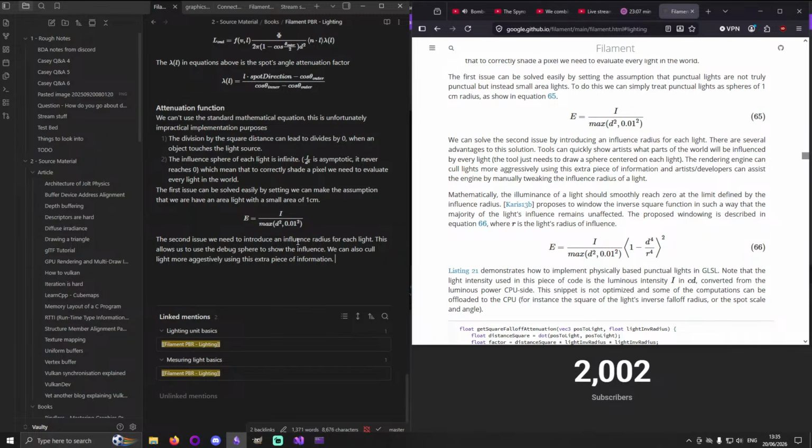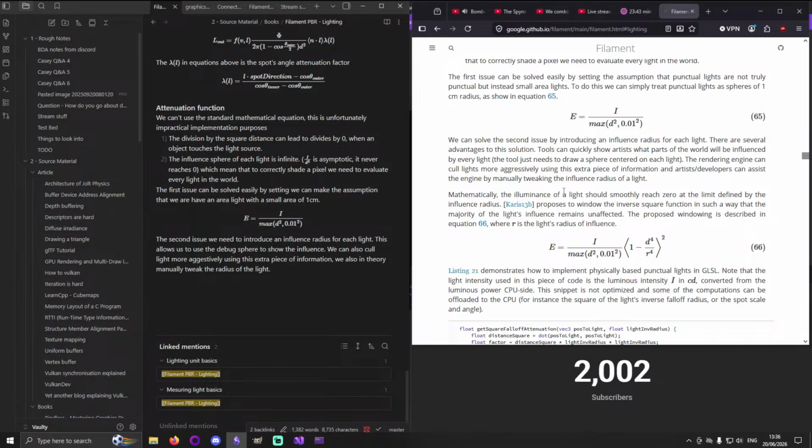Artists can, in theory, manually tweak the radius of the light.